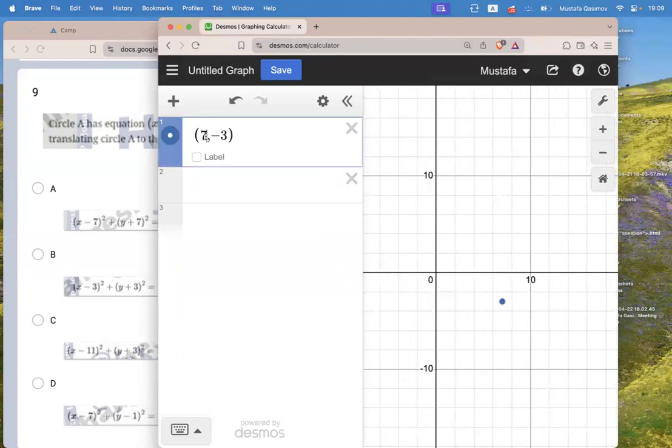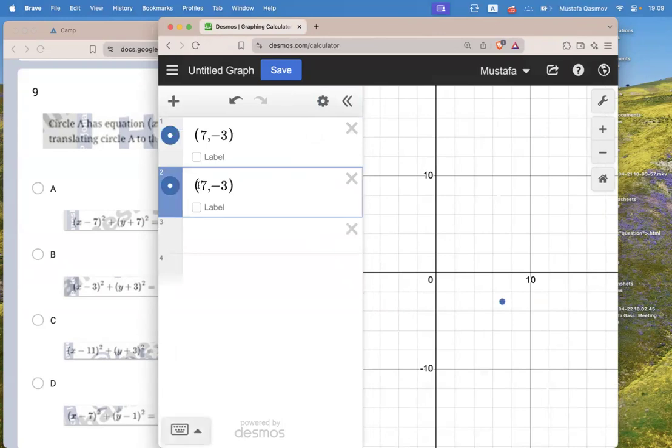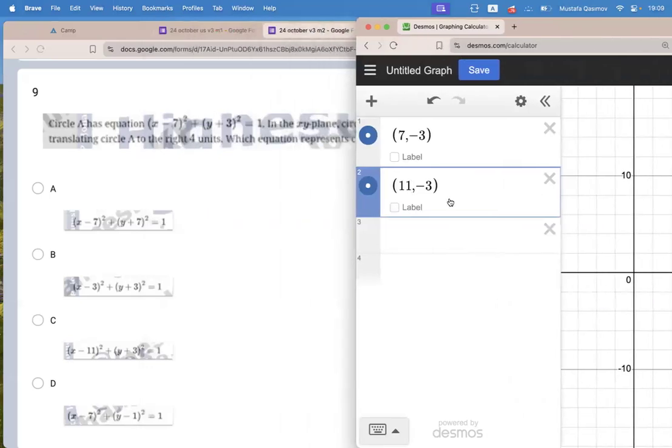So let's add 4 here and let's look at what will happen. Okay, let's add 4 here. So you can see that it will go 4 units right. So it is our new center. Then it means that the answer is x minus 11 squared and the answer will be C here. Any question from here?